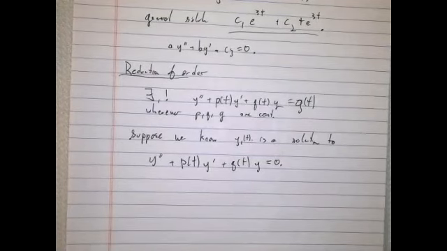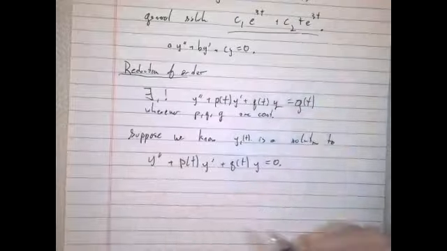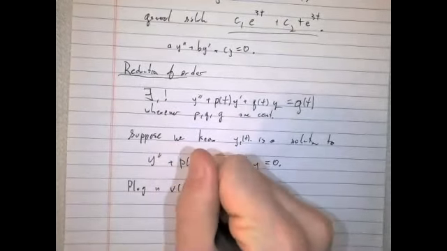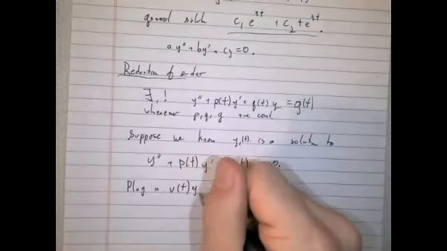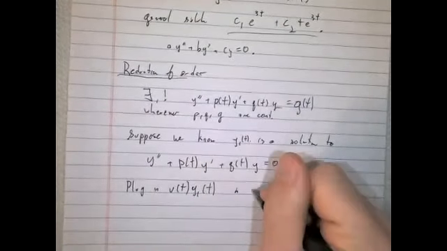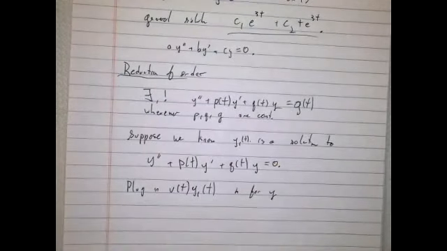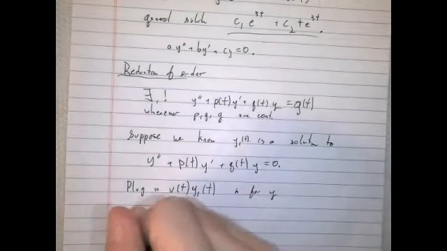Let's take derivatives. So plug in v of t times y1 of t in for y. And then we get some very messy expression, which essentially looks like this.